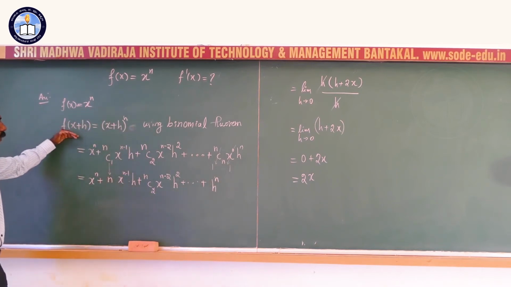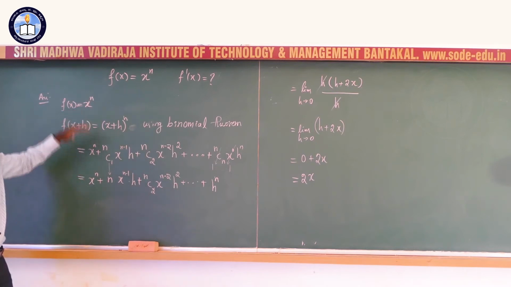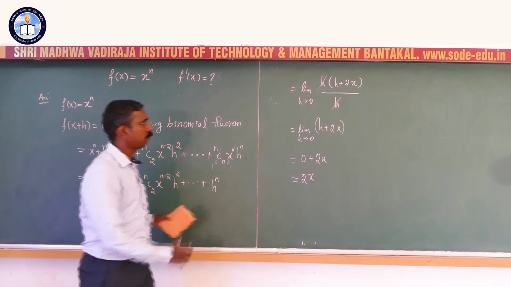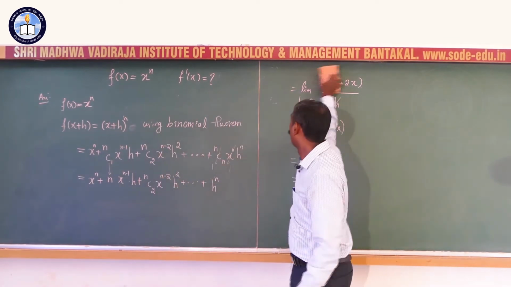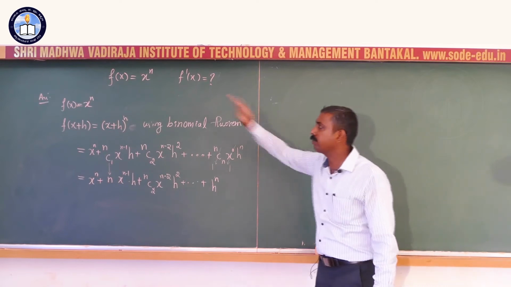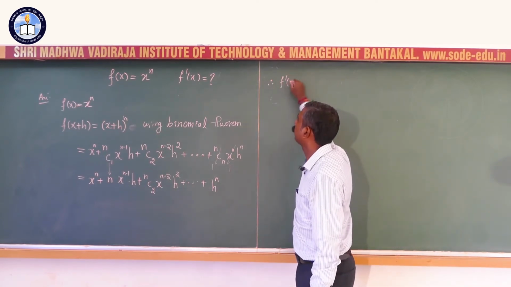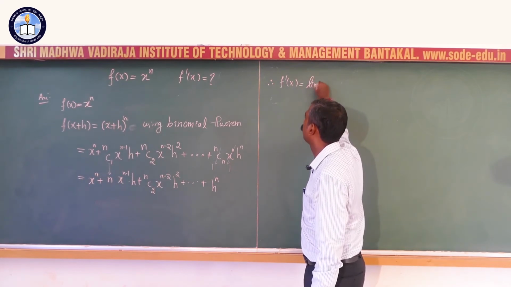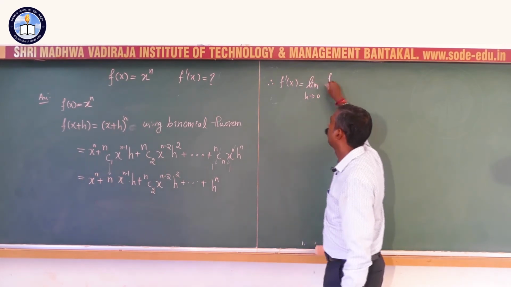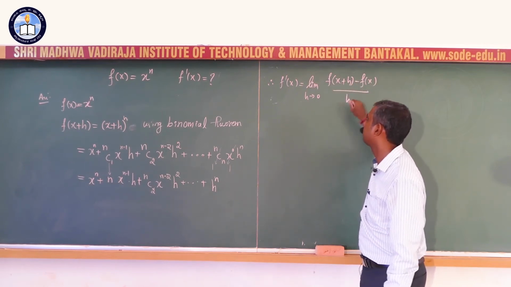So, now we have an expression for f of x plus h. We know f of x. Now, we can easily use the first principle of derivative to get the derivative of x power n. Therefore, f dash of x is equal to limit h tending to 0 of f of x plus h minus f of x divided by h.